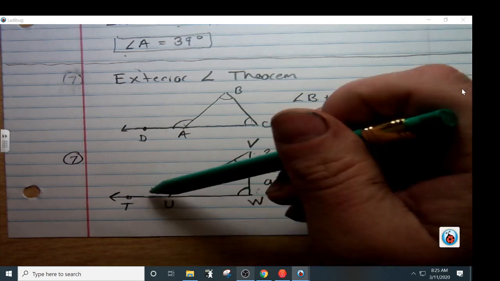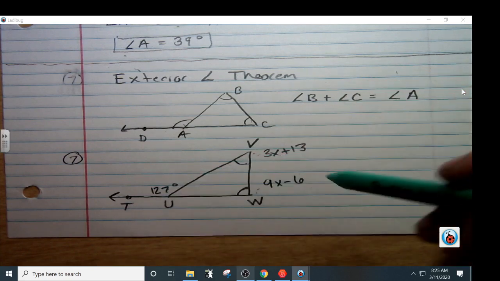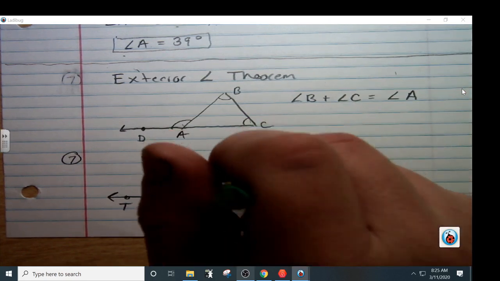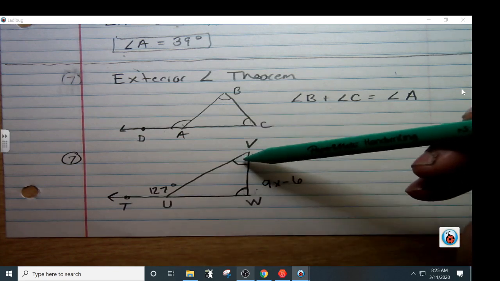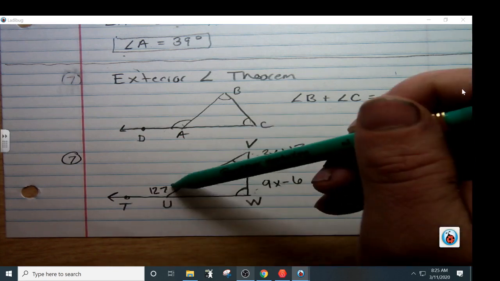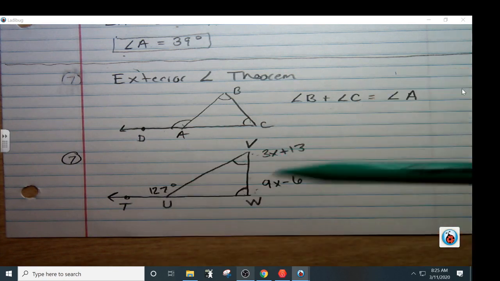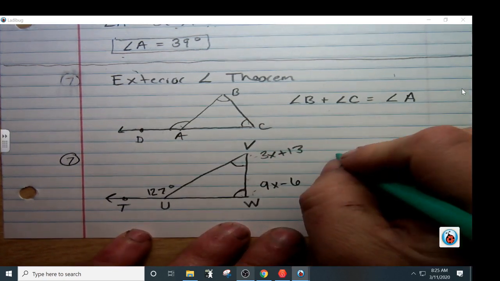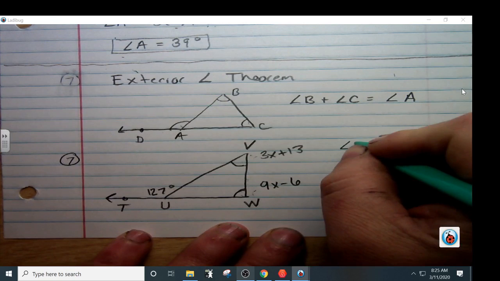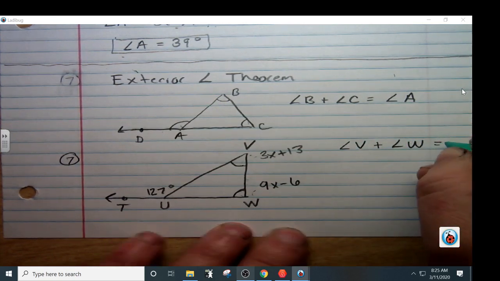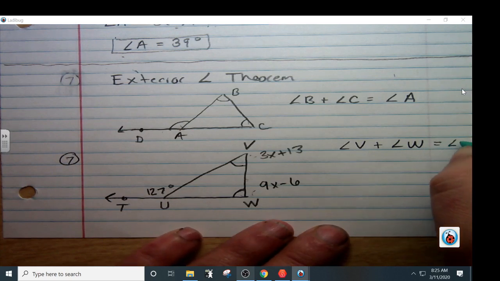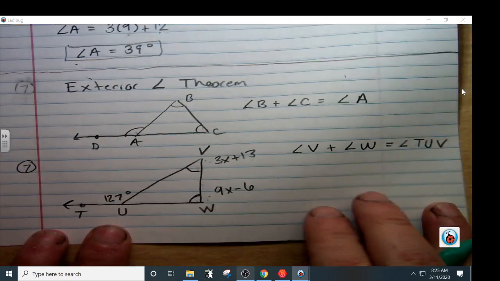They're not sitting side by side. So V and W are my two non-adjacent angles. What the theorem says is if you add those together, they're equal to the outside angle, or the exterior angle. So angle V plus angle W is equal to the outside angle, which is TUV.